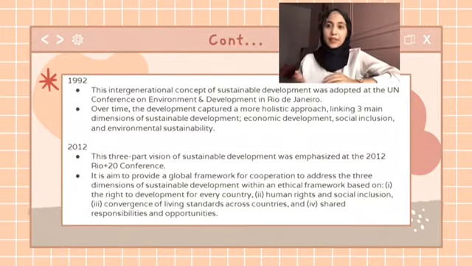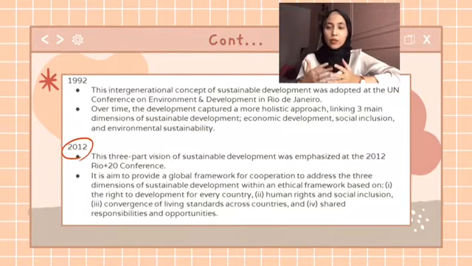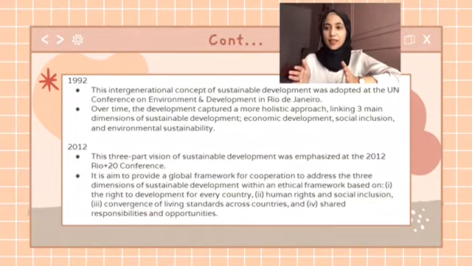Over time, the development captured a more holistic approach, linking three main dimensions of sustainable development. These three main dimensions are known as the economic development, social inclusion, and environmental sustainability. Later on 2012, which I mentioned previously when the whole idea of SDG was developed and set up, this three-part vision of sustainable development was finally emphasized at the 2012 Rio de Janeiro conference.